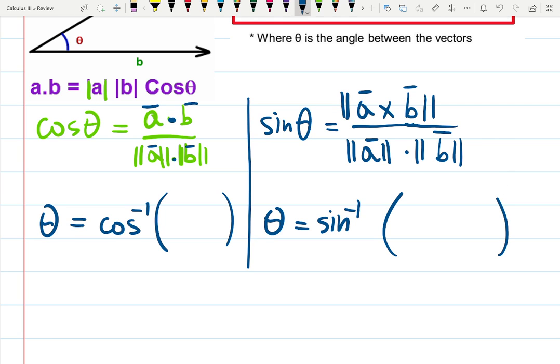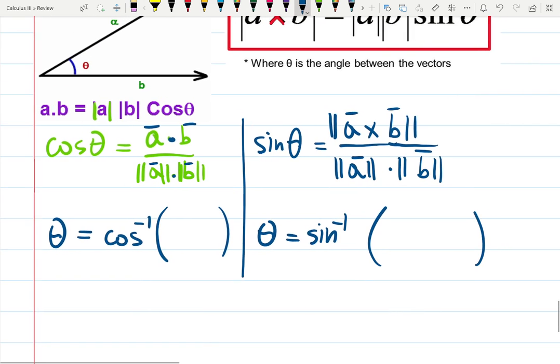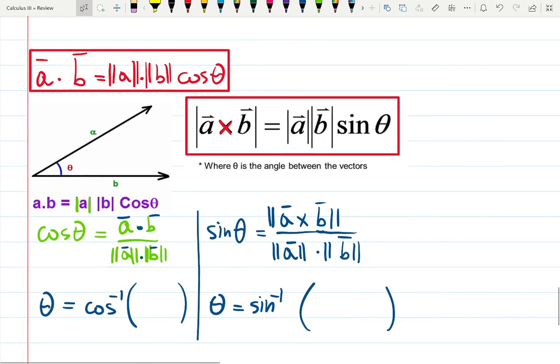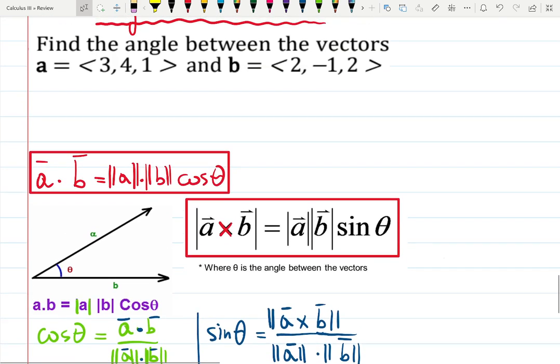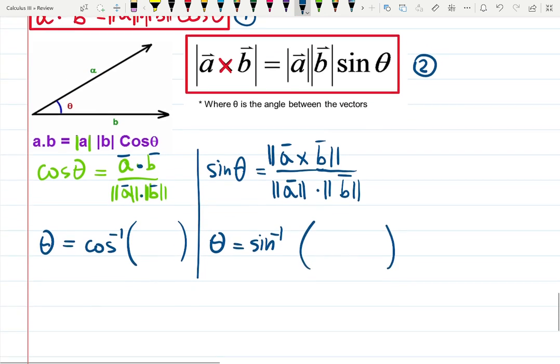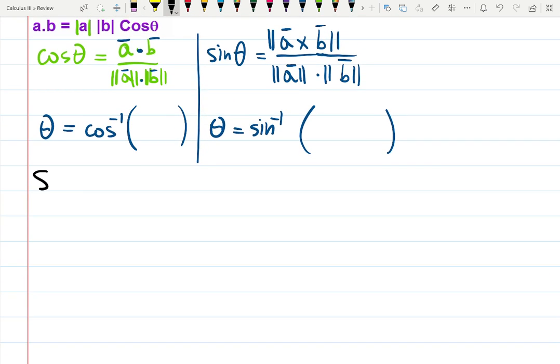Well, obviously the dot product is faster, so unless you're told to use cross product, I would avoid doing that. That is why let's just use dot product, which is the formula number 1 with the cosine, not with the sine and cross product.